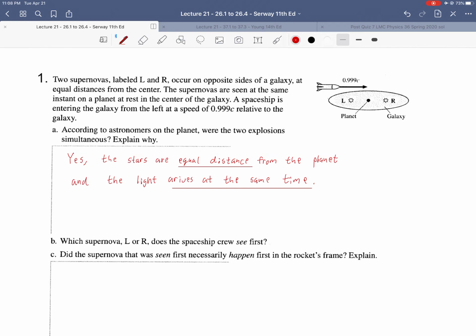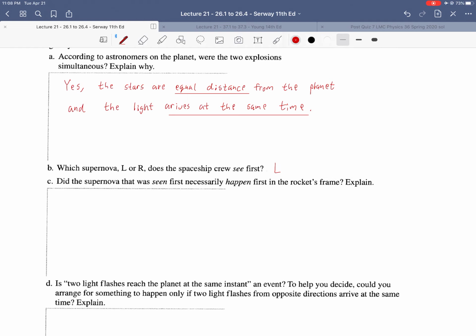So, which supernova, L or R, does the spaceship crew see first? Let's just observe. Again, the spaceship's not full of people that don't have sophisticated devices for measuring astronomical distances. That equipment is on board the ship. But anyway, the ship sees supernova L first. Did the supernova that was seen first necessarily happen first in the rocket's frame? Well, this is what I was getting at.